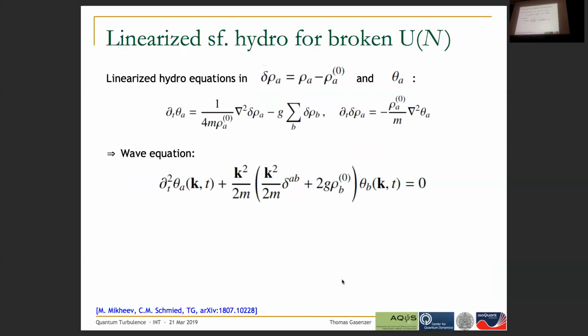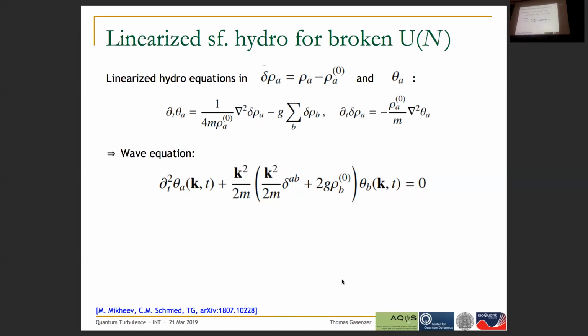Now, we would like to go on and use this to describe the small fluctuations of the system in this low energy regime. Also this is standard. What one does is linearize these hydrodynamic equations in the fluctuations of the density around some mean value rho A0 and of the phase around whatever mean value. I just choose it to be 0. And you drop the quantum pressure.